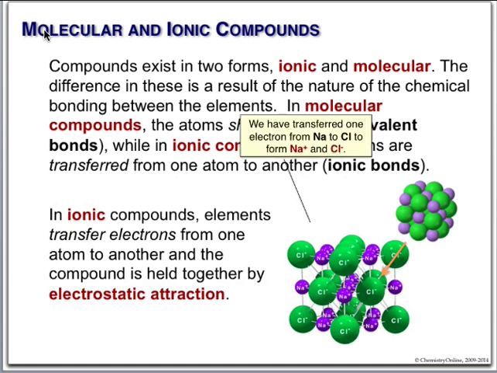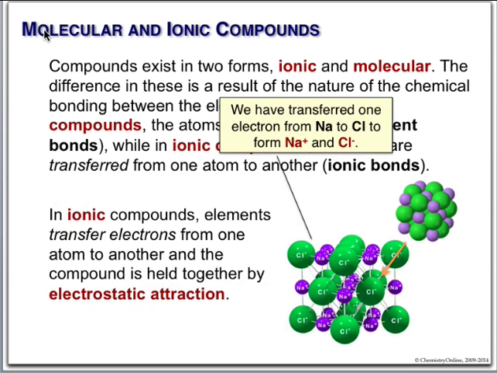Ionic compounds don't share electrons. In an ionic compound, you will totally transfer one or say up to 3 electrons from one atom to another. Now this is sodium chloride. When we make sodium chloride, the sodium will lose 1 electron and donate it to the chlorine.